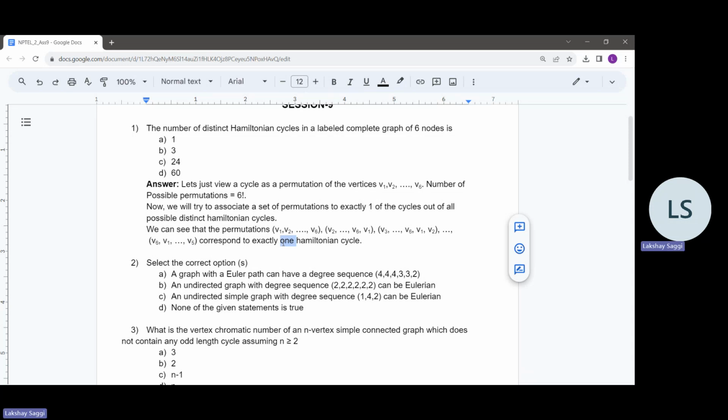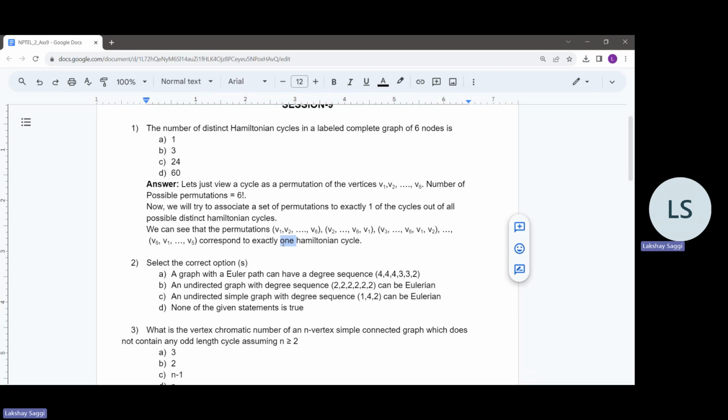So the number of cycles will be 6 factorial divided by 6, because for all these permutations, 6 of them correspond to one cycle. So the number of cycles will be at most 6 factorial by 6.